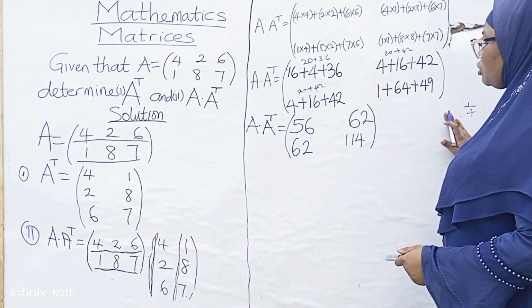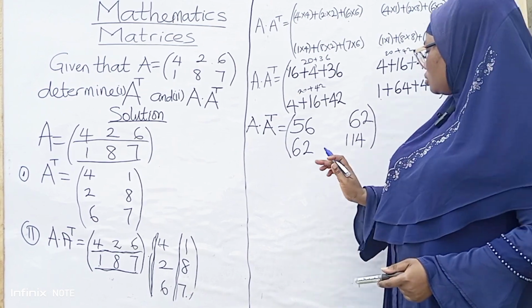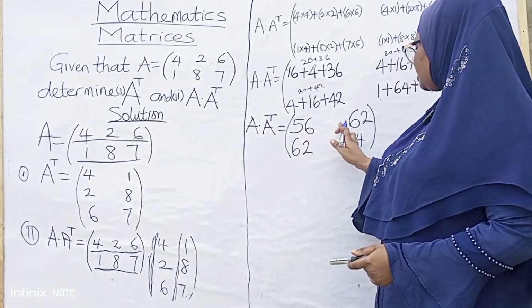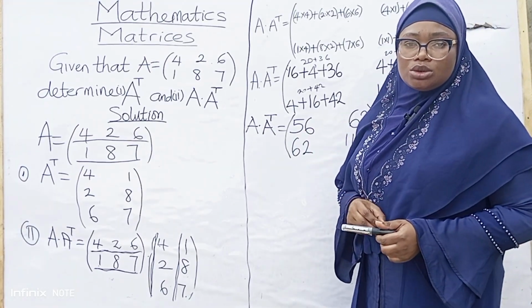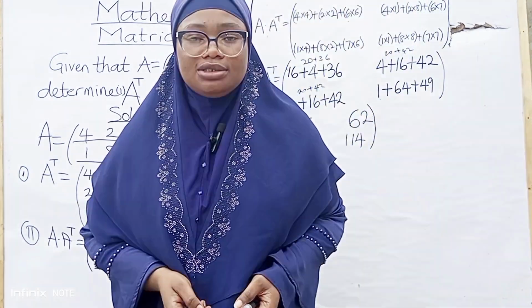So A multiplied by A transpose gives us what? 56, 62, 62, 114.